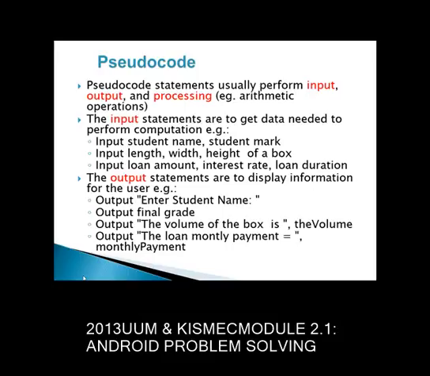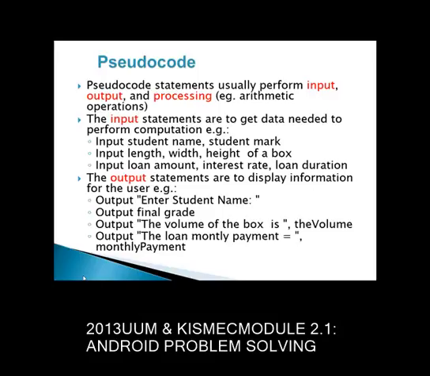So the input statements are to get the data needed. For example, in a student system, you need to get the name of the student, the mark, or if you want to calculate a box area, you need length, width, height, or loan amount. You need to determine the interest rate, loan duration. So this kind of input really needs to be identified.